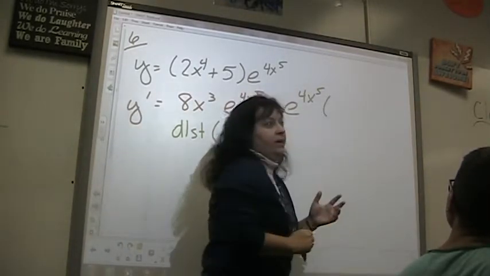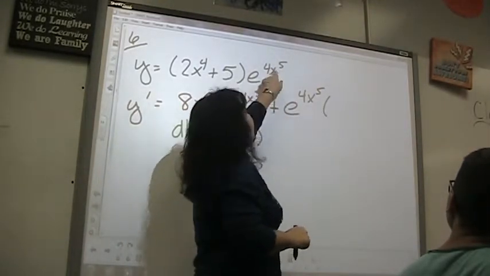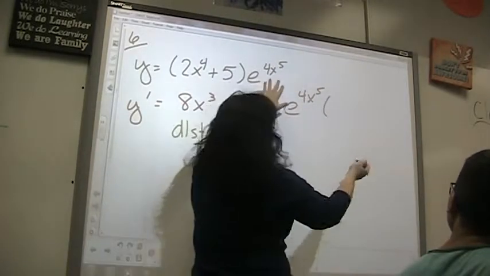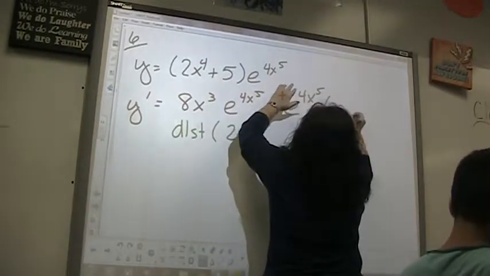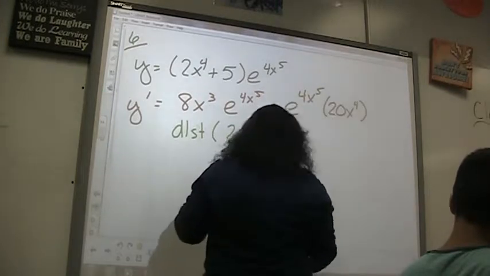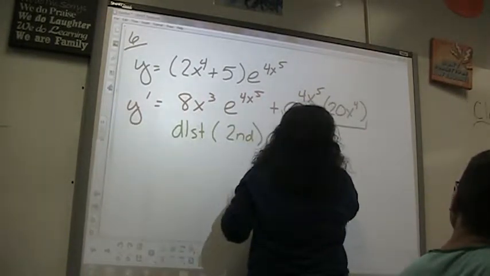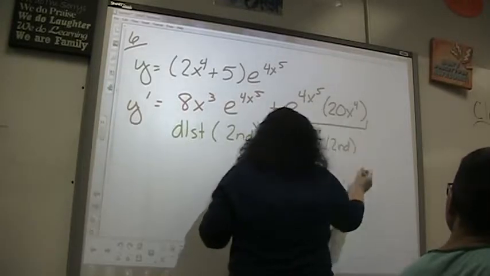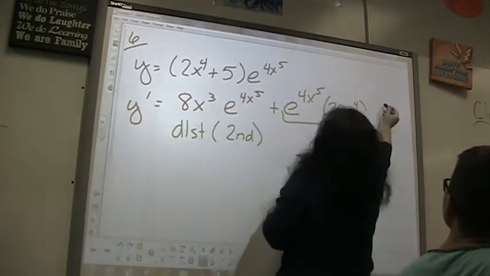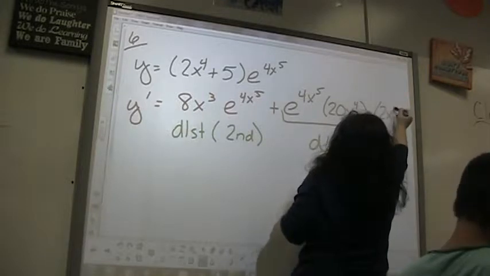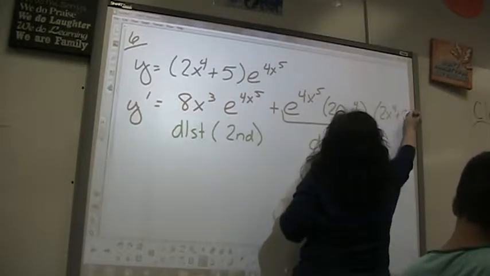What is the inside? 4x to the 5th, and the derivative of that would be 20x to the 4th. So all of this right here is the derivative of the second, times the first, 2x to the 4th plus 5.